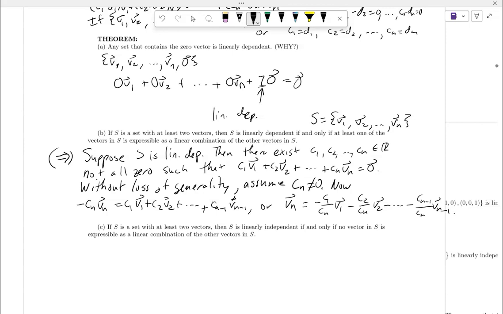Do we now write one of the vectors as a linear combination of the others? Yeah. So this is exactly what we wanted to prove, right? For that direction.